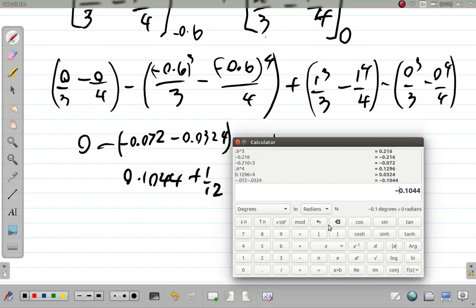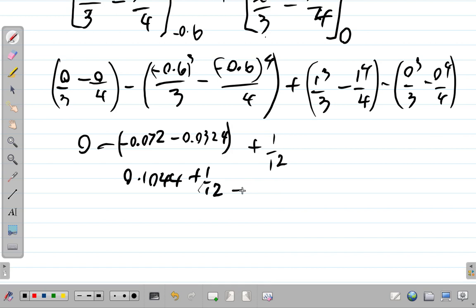Let's add those together now and see what we get. Positive 0.1044 plus 1/12 gives 0.1877.